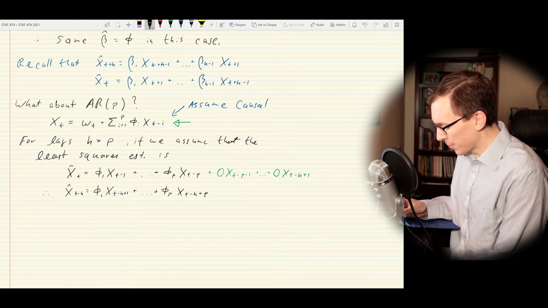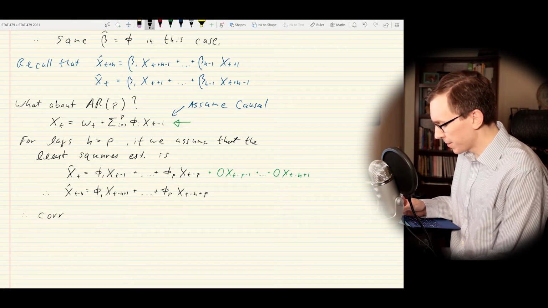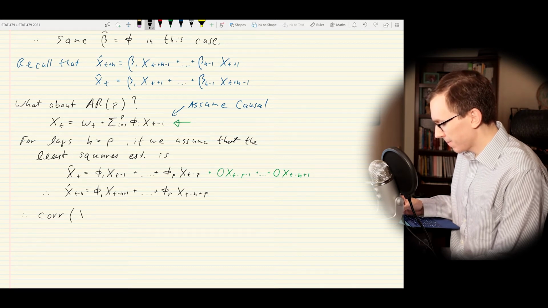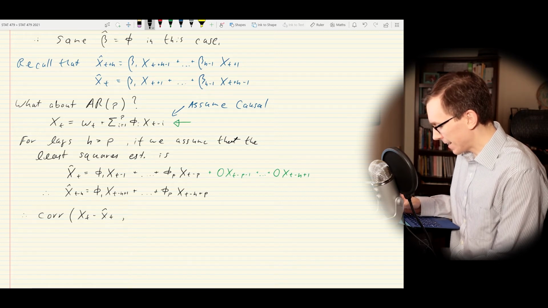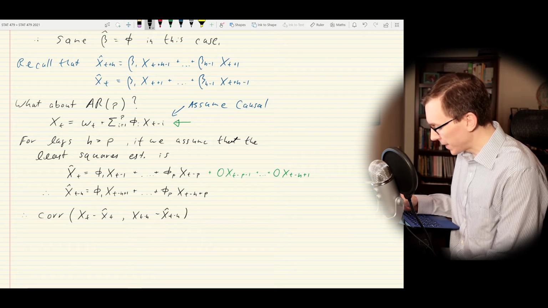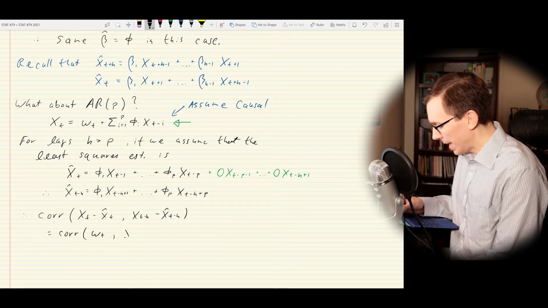But therefore, when we compute the correlation between xt minus x hat t and x t minus h minus x hat t minus h, then what I get is simply the correlation between white noise at time t and this whole thing.